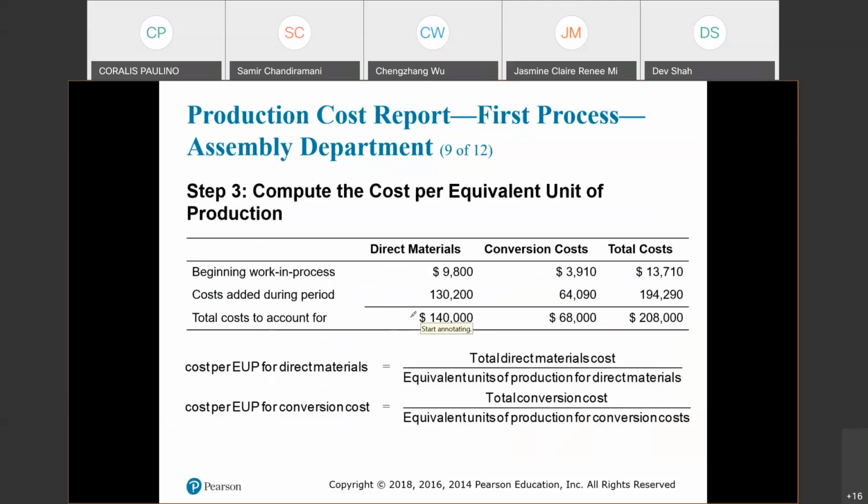We use the total cost to account for, divided by equivalent units of production for either direct material or conversion costs.